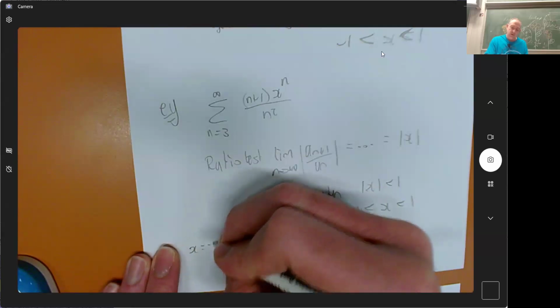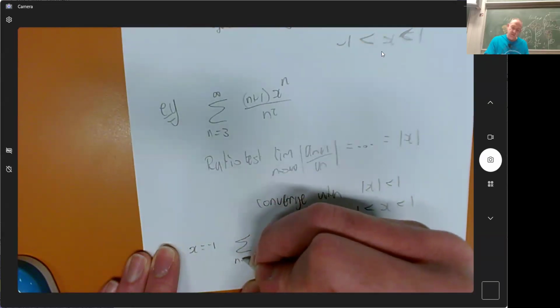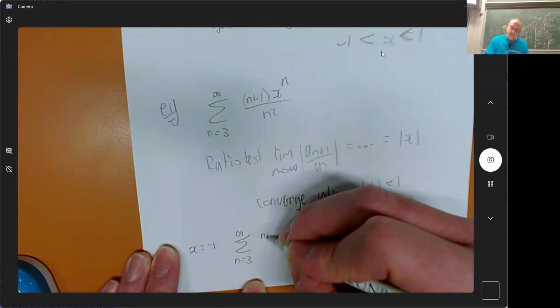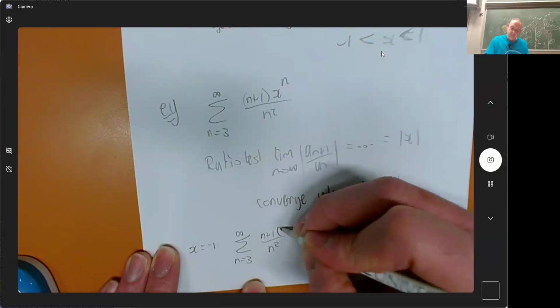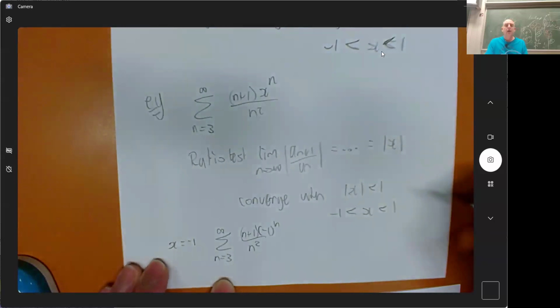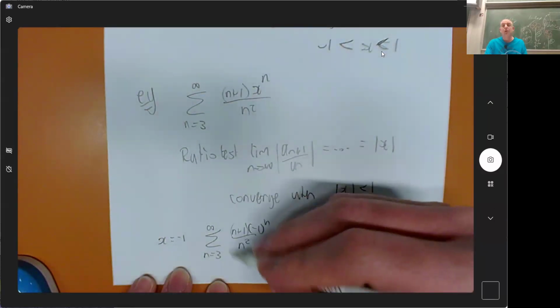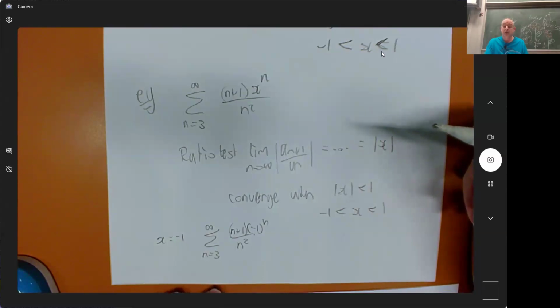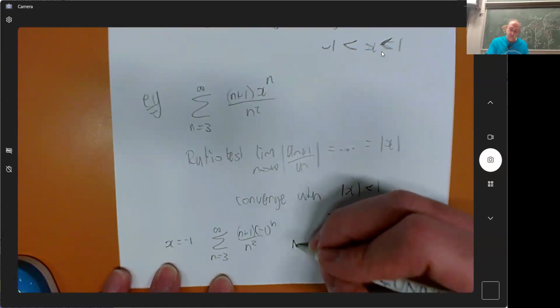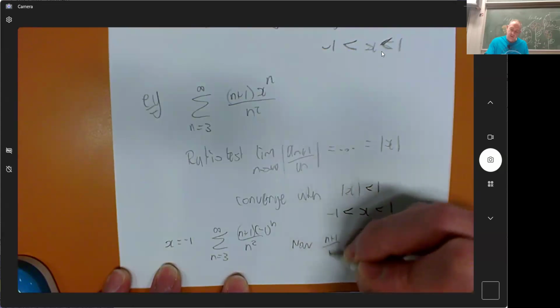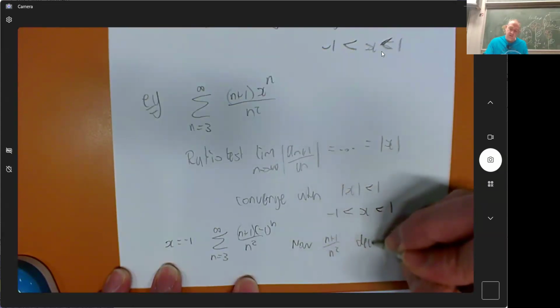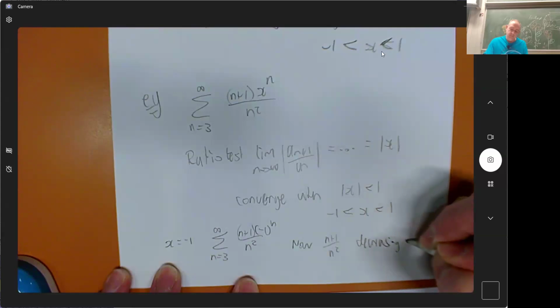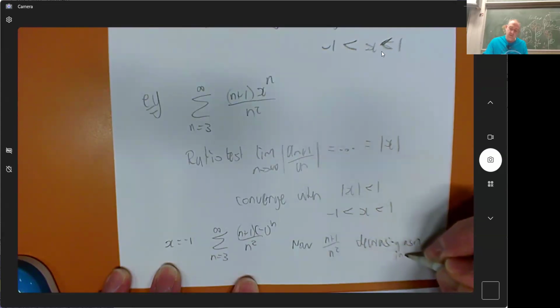But this time, when x equals -1, the original sum, now the individual terms do go to 0. Right? And so it will in fact converge. So now (n+1) over n squared is decreasing as n increases.